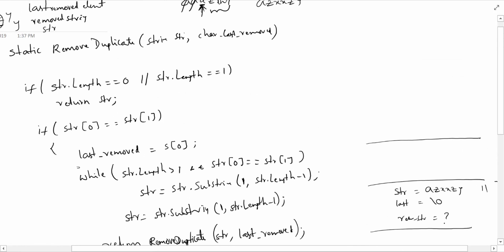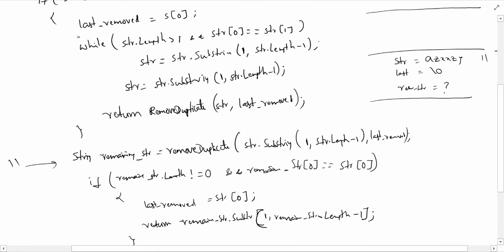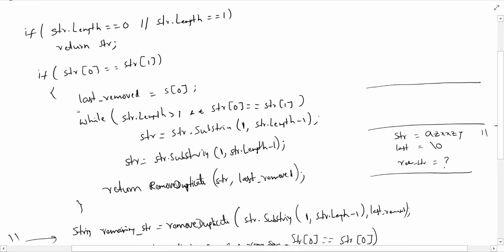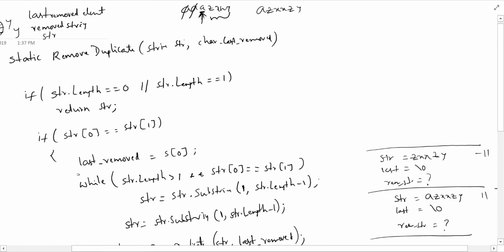It went again. This time, remove duplicate from, so we are just omitting A here, so the string would be ZXXZY and the last is still null, and the remaining string we don't know yet, so we just stay here, and then we'll go again.